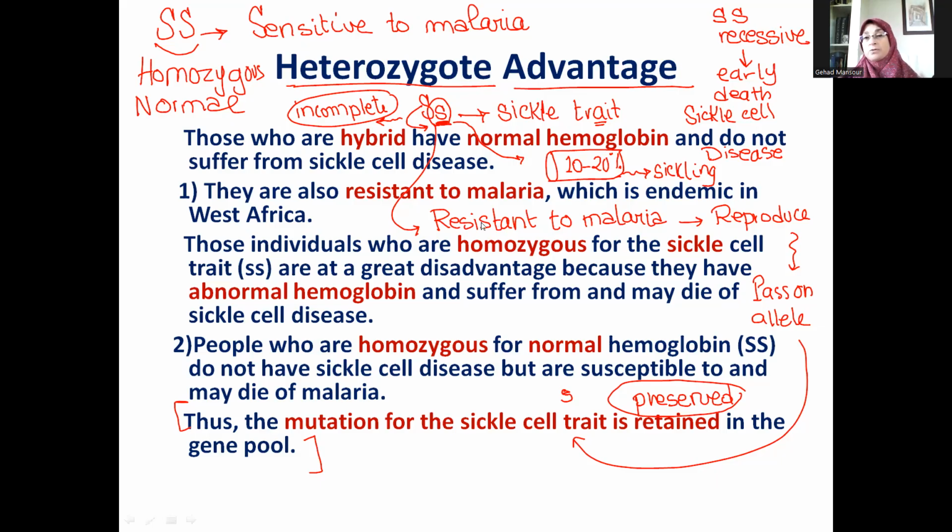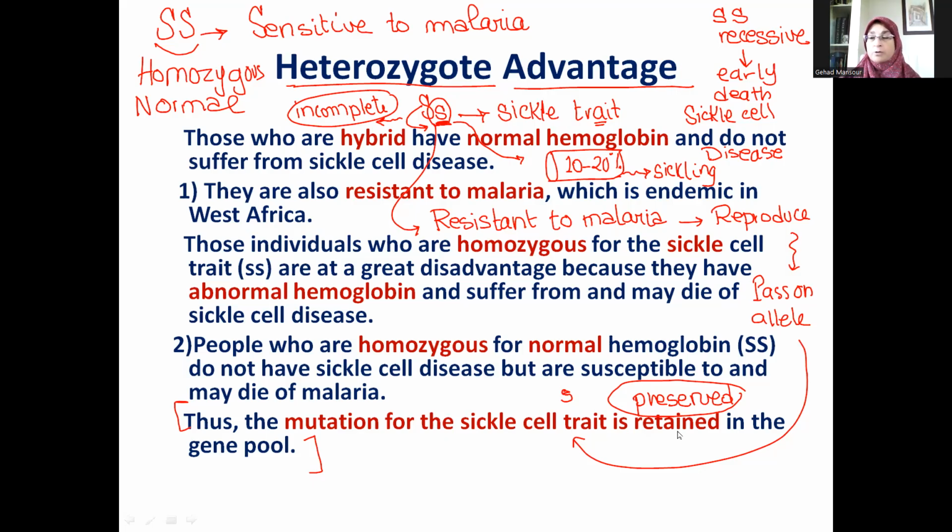But having only the sickle cell trait makes you resistant to malaria, therefore being able to reproduce, therefore being able to pass on your alleles to the offspring. And this is why, and this is a very important concept, this is the one I was targeting by repeating the slide, that the mutation of the sickle cell trait will be preserved in the gene pool.